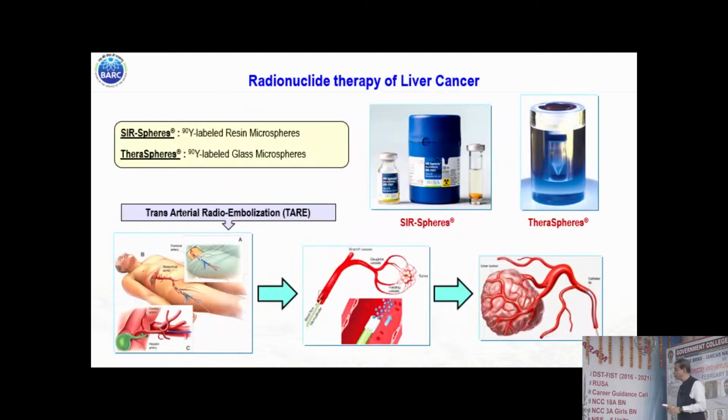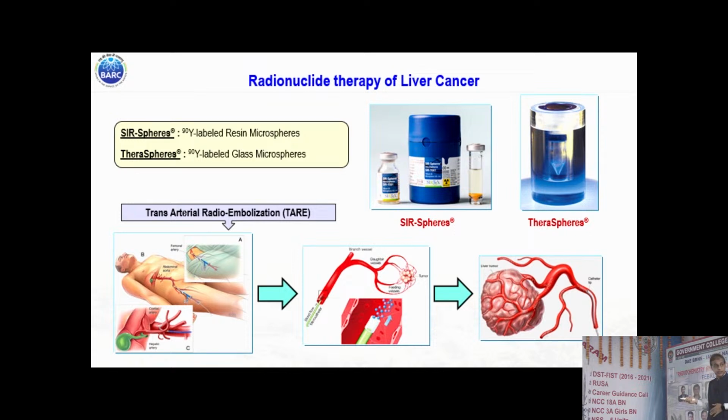Now, coming to the treatment of liver cancer. Liver cancer is another very prevalent cancer in India, particularly in the states of Tamil Nadu and Kerala. In the southern part it is more, I do not know the reason. At this moment, there are two radiopharmaceuticals.